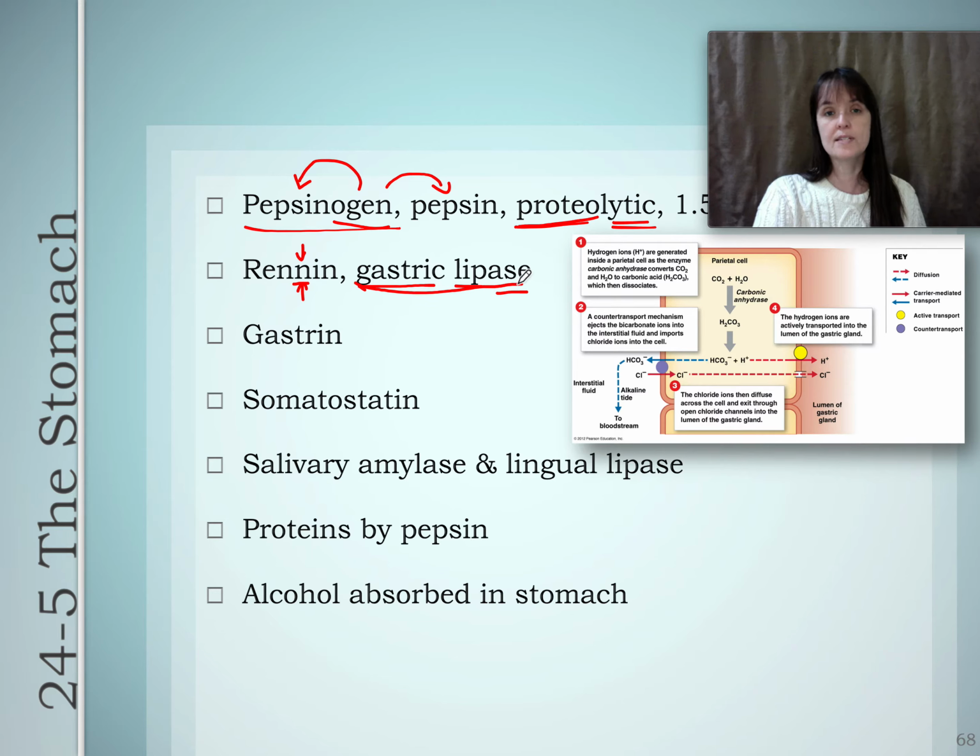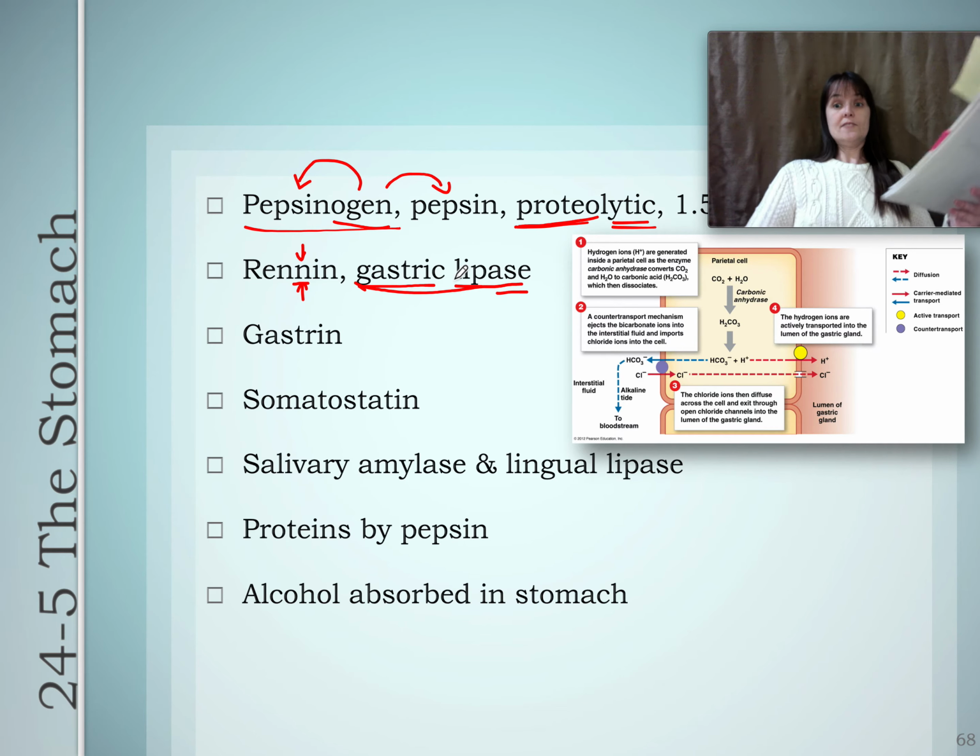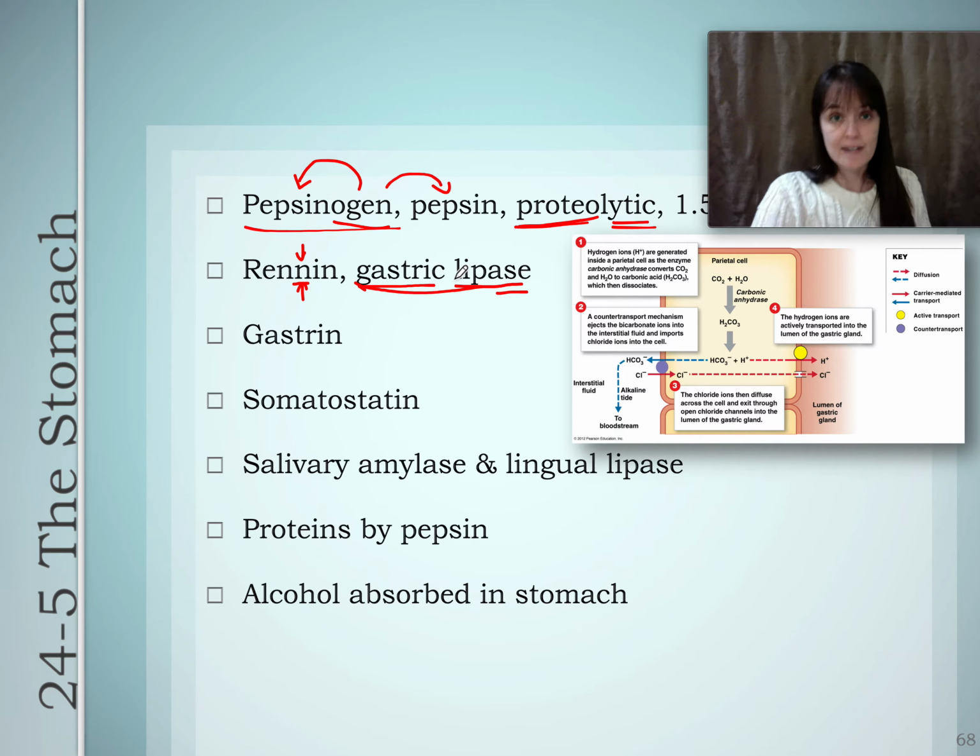That's the difference between gastric lipase and lingual lipase. Lingual lipase is made on the tongue, and gastric lipase is made in the tummy, stomach. Okay, so renin versus rennin, that's on the final.